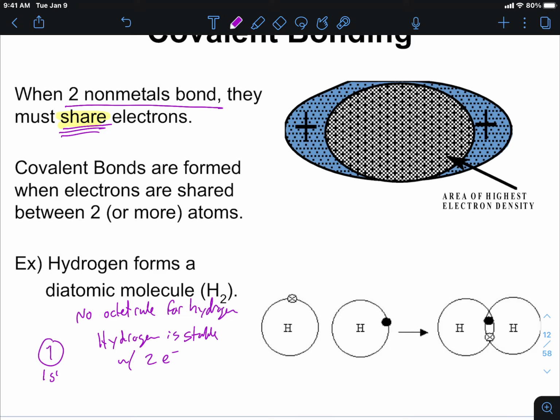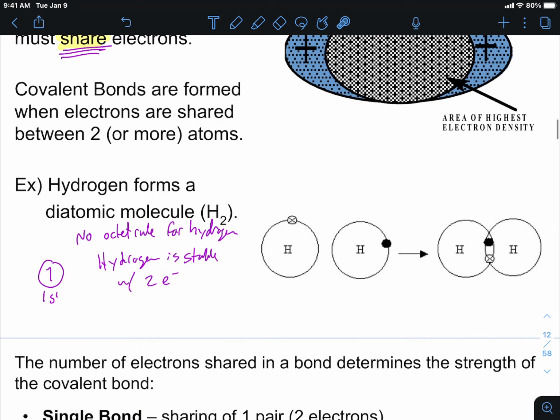Two electrons. So how can a hydrogen atom have two electrons around it? Well, if it shares electrons with another hydrogen atom, right here. Each hydrogen brings its own electron, and when they meet up, they end up sharing a pair of electrons exactly in between them. And they're sharing the electrons equally.